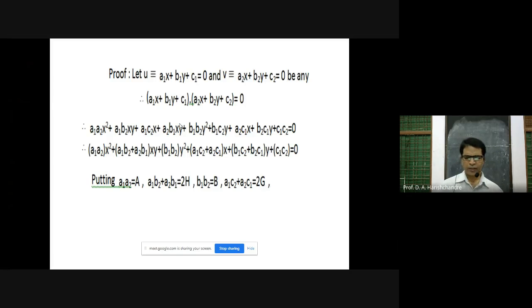Now take the product of these two trinomials. In the first bracket there is one trinomial, in the second bracket on the left hand side there is another trinomial.